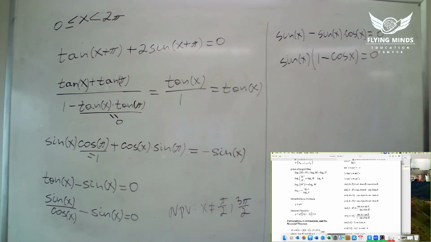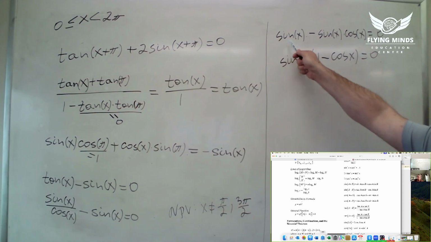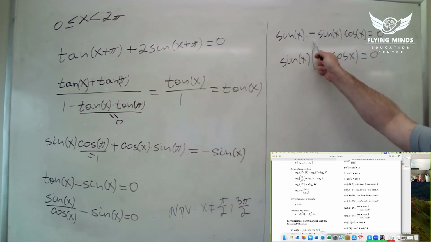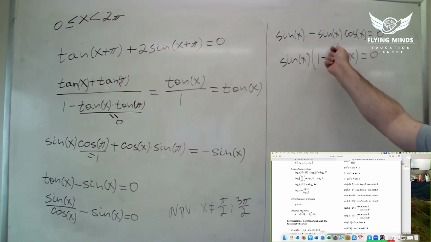But I'm confused on the 1 minus cos x. So what do we have here? We have sine of x minus sine x times cosine x. Are we good here? Yeah. Then we can factor sine.